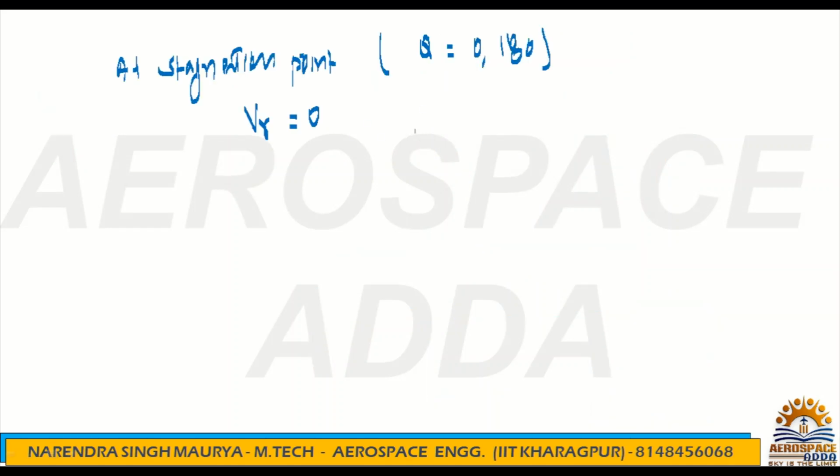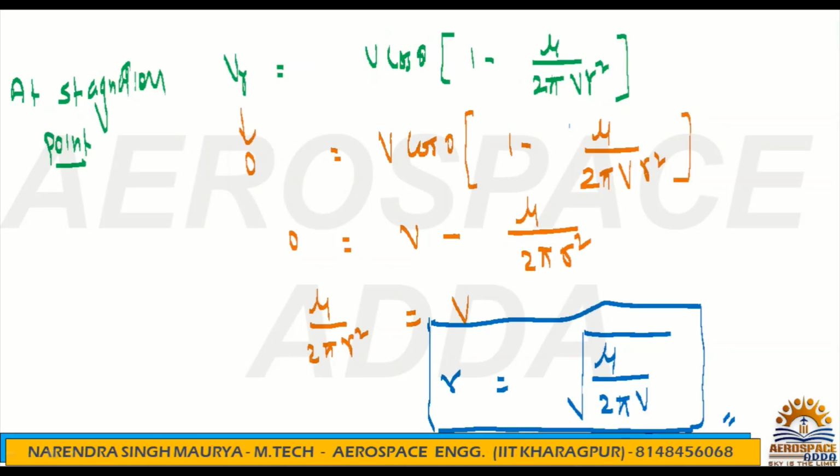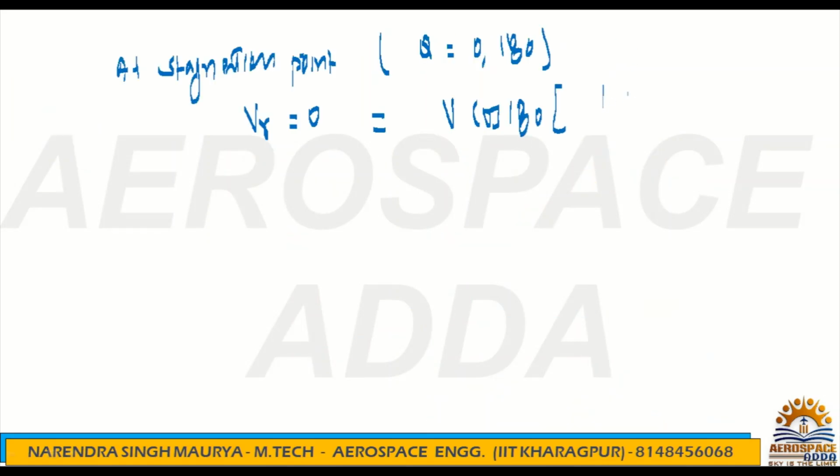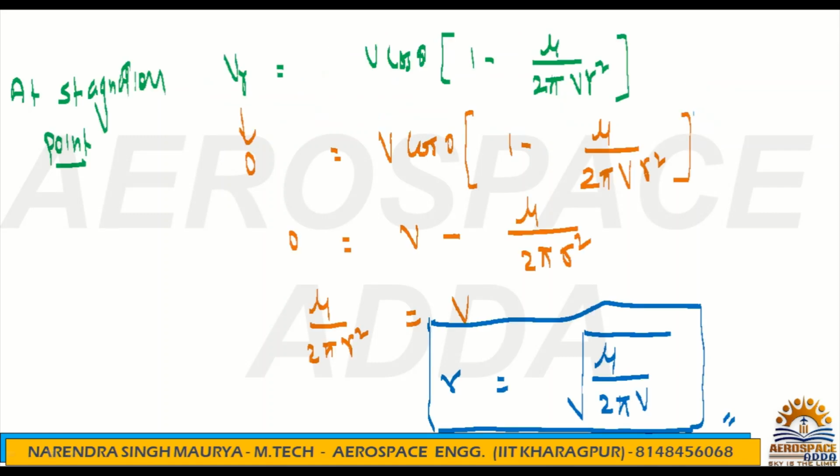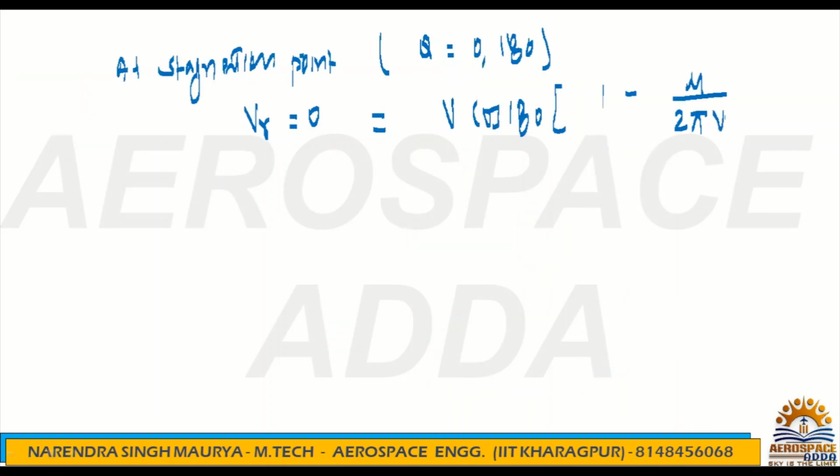Now I'm going to show you what happens with cos 180. So vr is equal to v cos 180 times 1 minus mu upon 2 pi v r square.